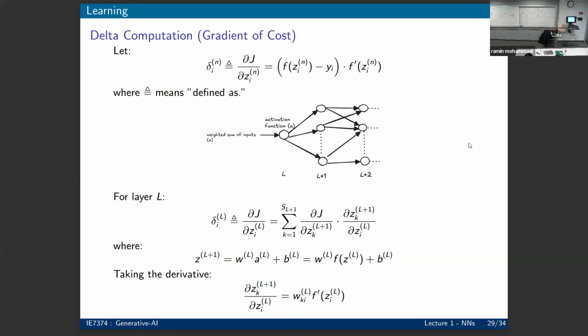Now, this term, we already have it, right? The second term, we want to calculate this gradient of this raw input with respect to the raw input of that. Think about the relationship. There is an arrow from here to here, right? And the raw input to every node, what was it? A weighted sum of the outputs of the previous layer plus a bias term, right?